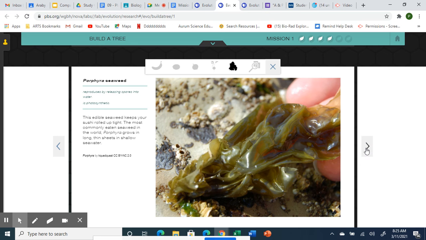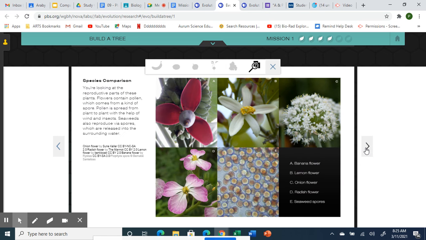Let's look at our next one. Oh, isn't this pretty? So we're looking at the reproductive parts of these flowers. So they have pollen. Do you see the pollen on here? Look at the white star-shaped flower with the yellow. That yellow is the pollen.